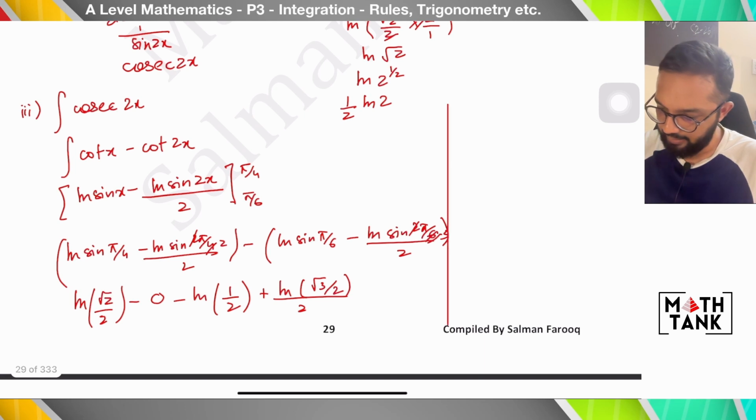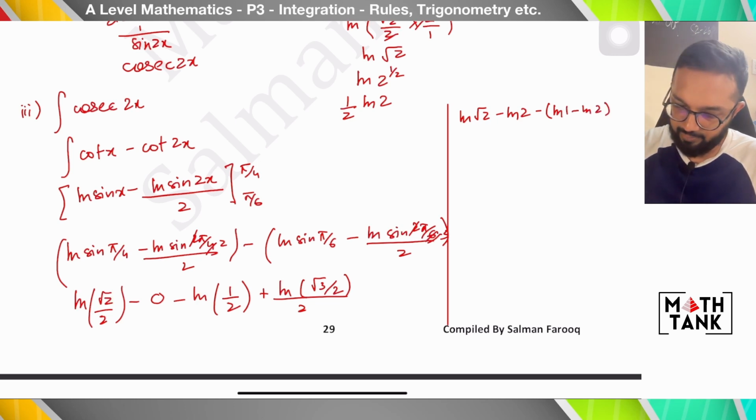Okay, I want to express them as common logarithms, so I'm going to say that I have ln root 2 minus ln 2. I'm breaking up the logarithm, and then I have minus ln 1 minus ln 2. Okay, let me just write that here so that it's not confusing.